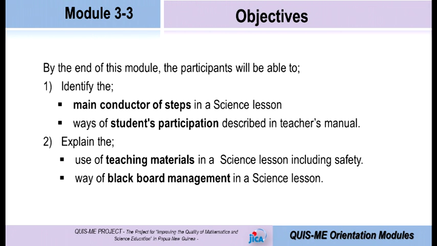Our second objective is that participants will explain the use of teaching materials in a science lesson, including the safety tips of a science lesson. Second point for number 2 is ways of blackboard management in a science lesson.